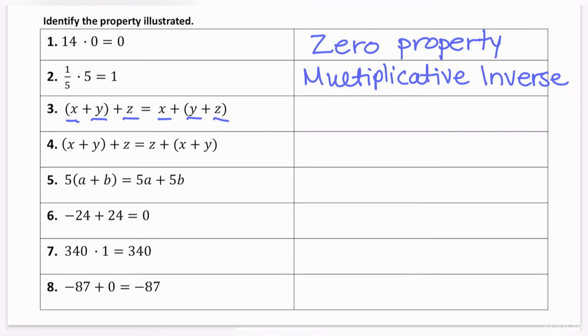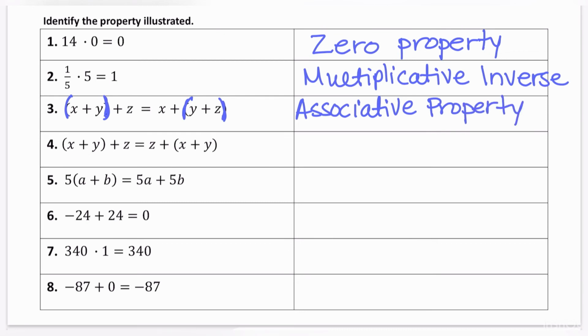Yes, in fact, the order is the same. So that means that this is not the commutative property because the order did not change. And yes, in fact, we are regrouping. So instead of x plus y, I'm grouping y plus z, and the order has stayed the same. So this is the associative property of addition.